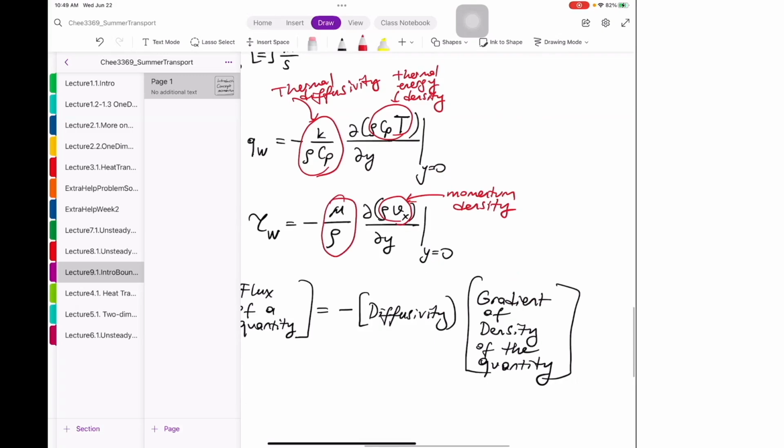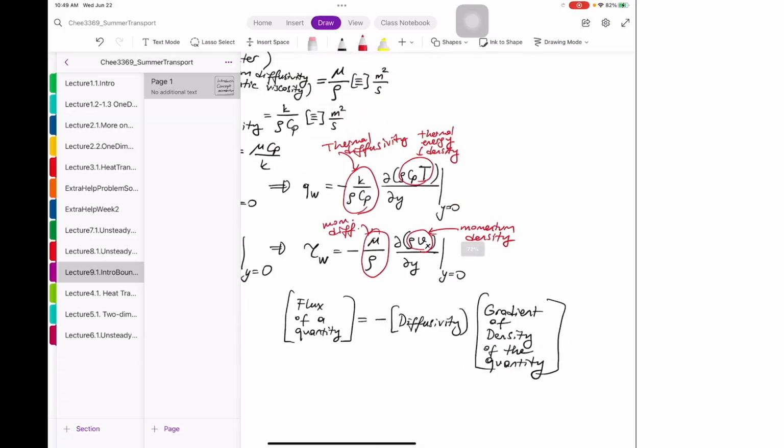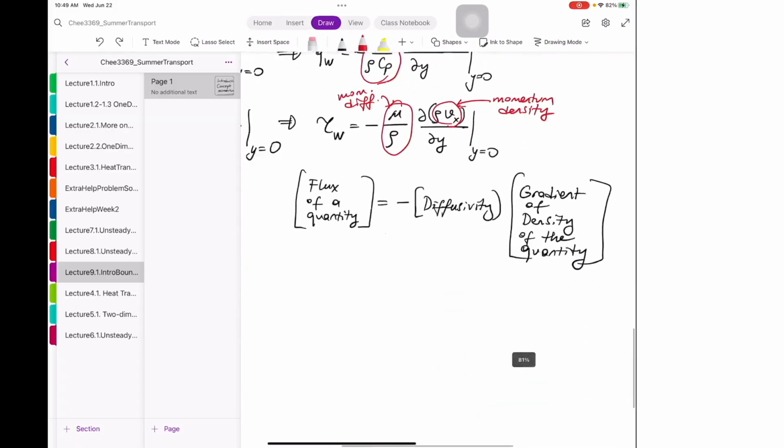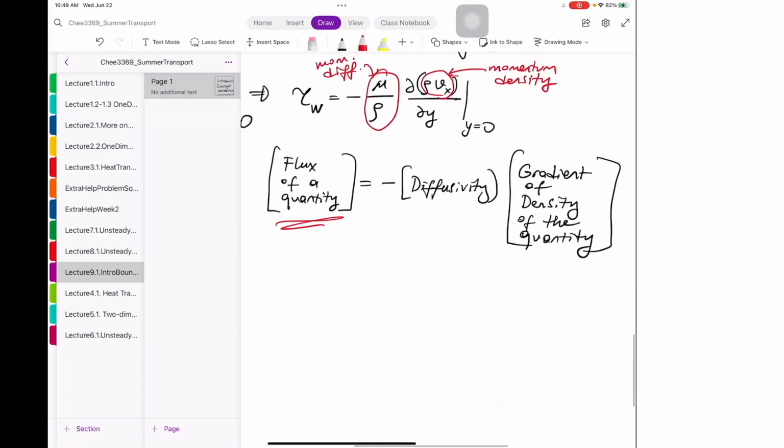And this thing, momentum diffusivity. Okay, as actually we claimed here. And that's why they have the same units, by the way, because flux of a quantity, gradient of density of the same quantity, they actually cancel it, whatever the quantity is, and you get the same units for the diffusivity.